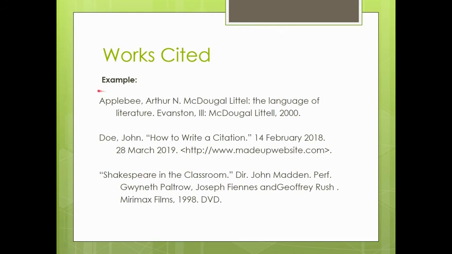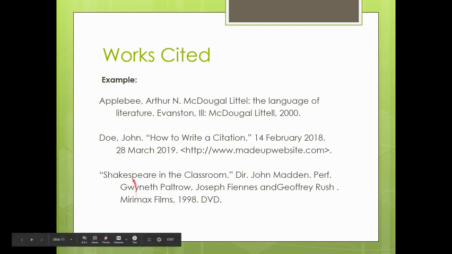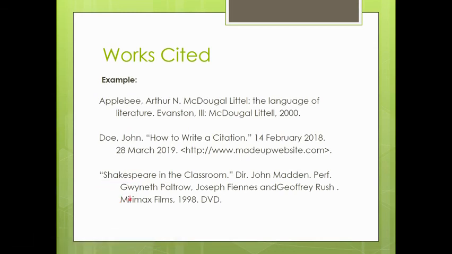Notice these are single-spaced, with a space between each citation. The first line is left aligned, and any extra lines are indented. The video citation takes 3 lines: the first line is left aligned, and the 2 lines underneath are indented to the right.